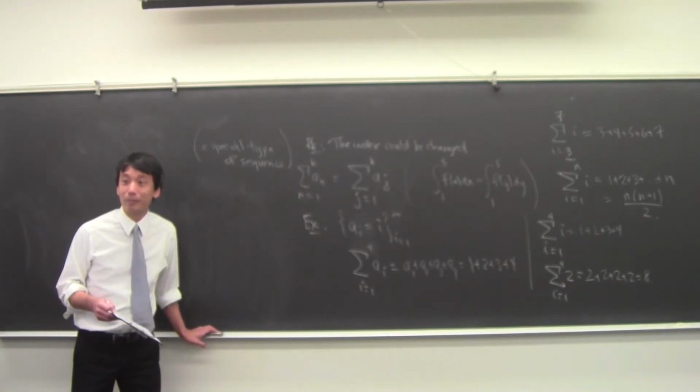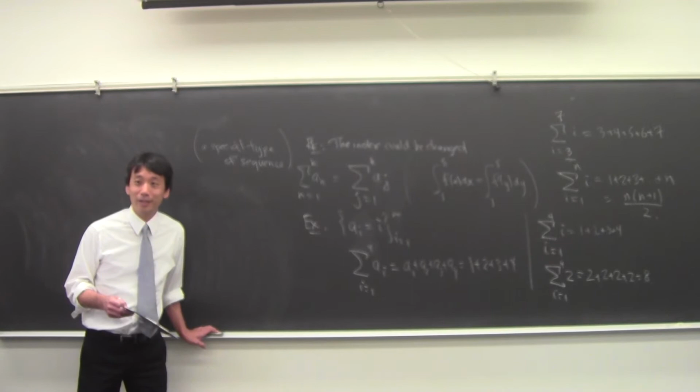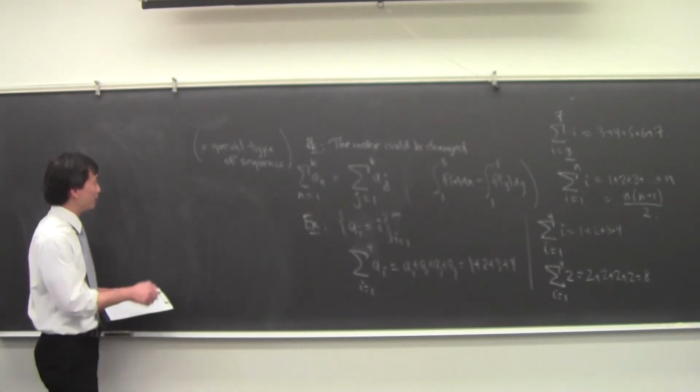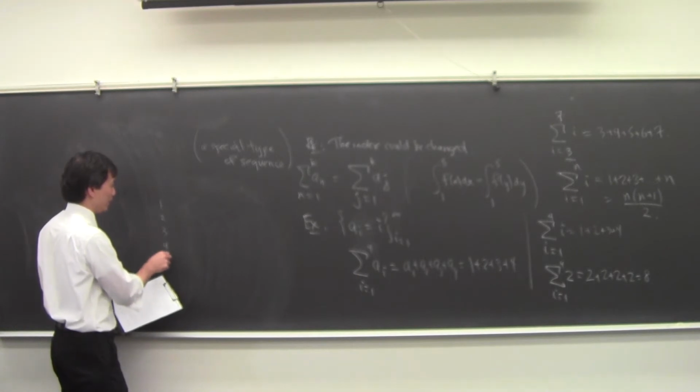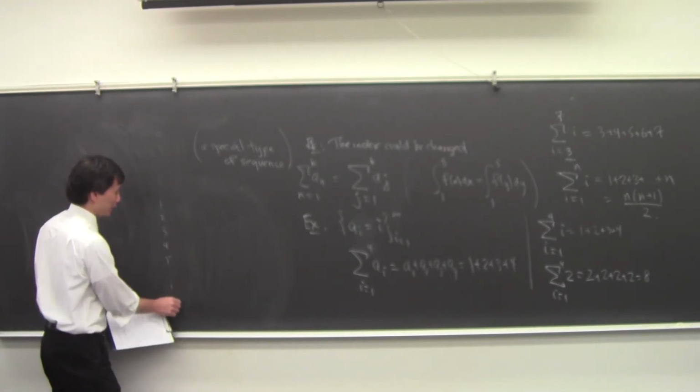Wasn't it when you went from 0 to 100? 100 plus 0 is 100 and 1 plus 99 is 100, and if you keep going, each equals 100. Yes. So you can say 1 plus 2 plus 3 plus 4 plus 5 up to 100.